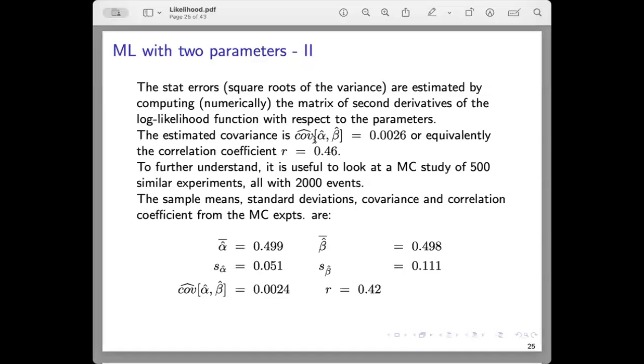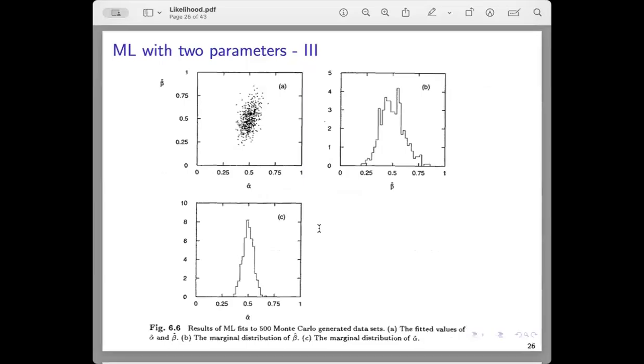Once you have the parameters from each of these measurements, you look at the distributions, and you can get the sample mean, which is the average. So once you get measurements from these 500 experiments, you can look at the distribution.